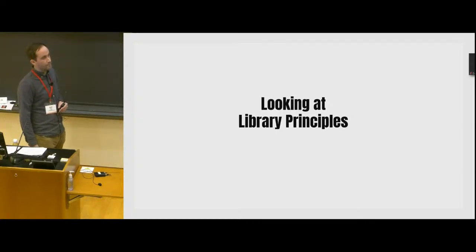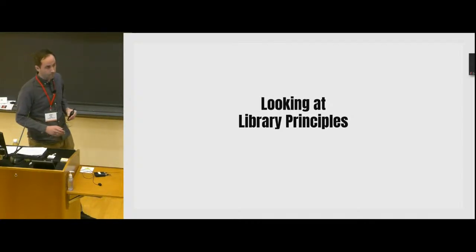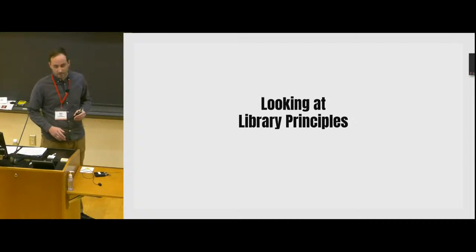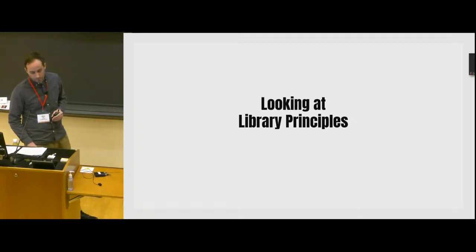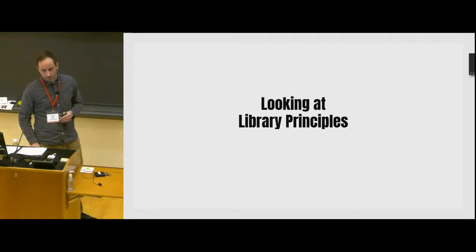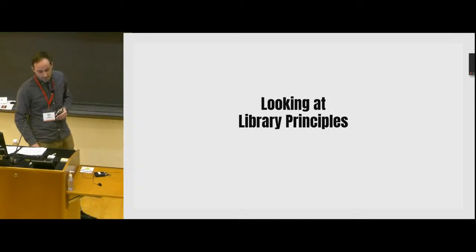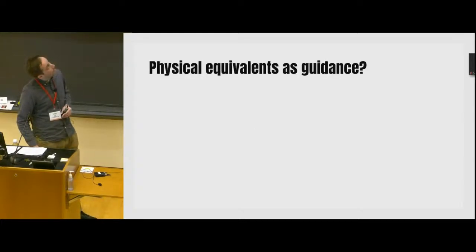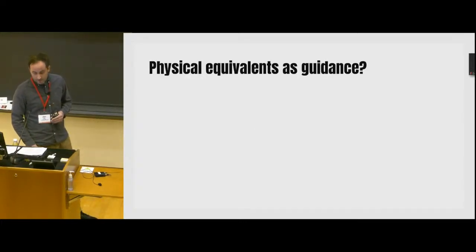So approaching this from a perspective of principles of librarianship also got us thinking about what a physical equivalent to AI, to crawlers in general, or these AI-specific crawlers might be. What are some physical analogies that we could look at?